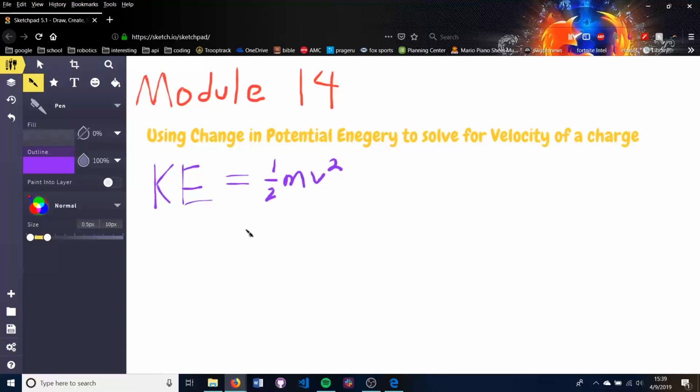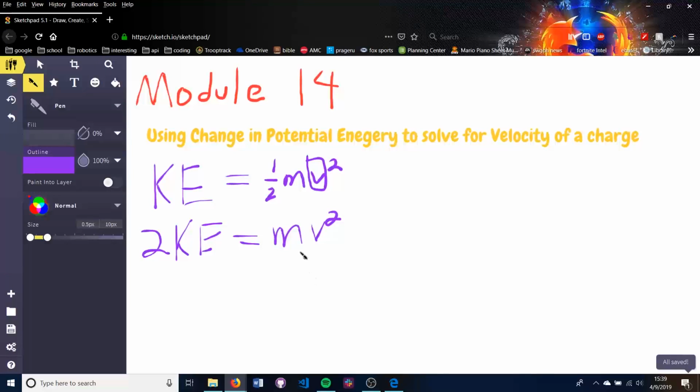And from here, we want to isolate v without that square. So to start off, we can get rid of the 1/2 by multiplying both sides by 2. That leaves us with 2 KE equals m v to the second power.